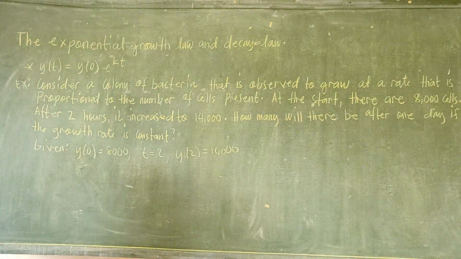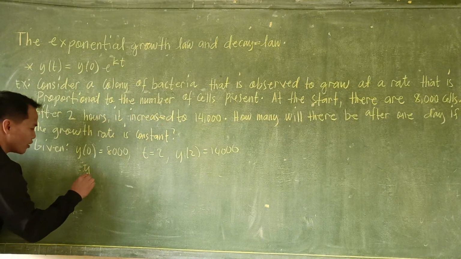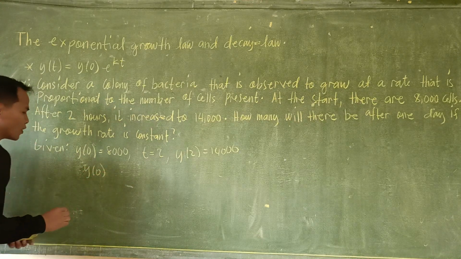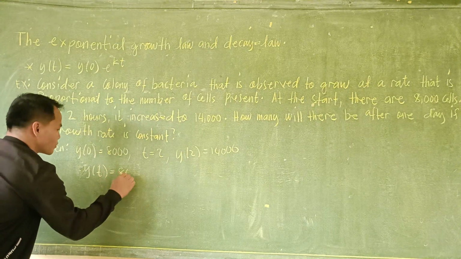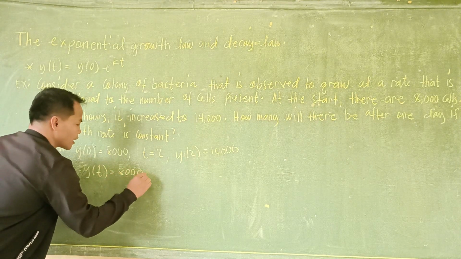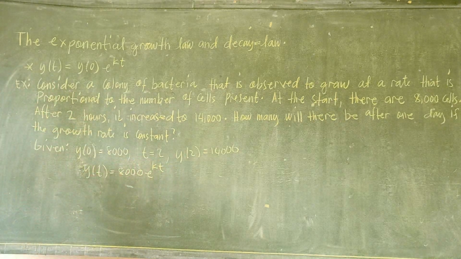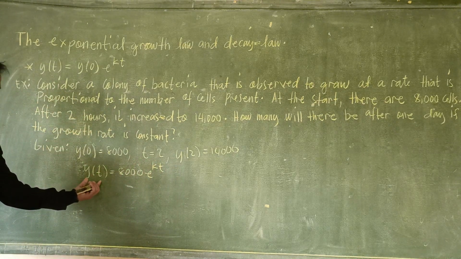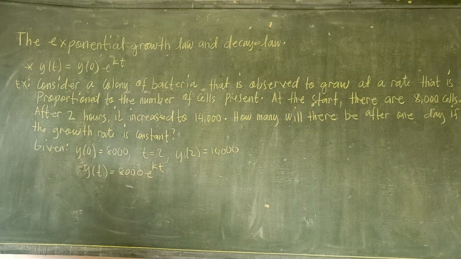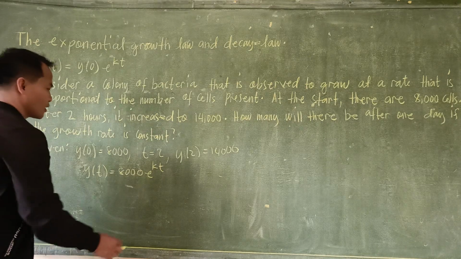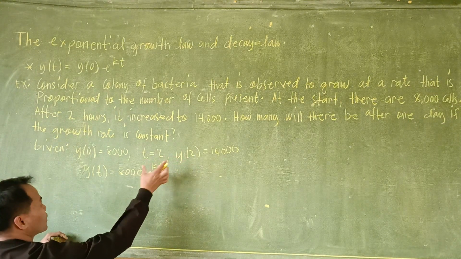Therefore, our general equation is y of t equal to 8,000 times e to the power of k times t, where 8,000 is our initial population. After that, we can solve for the value of k using these quantities.